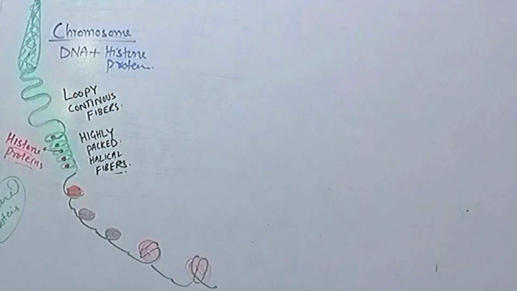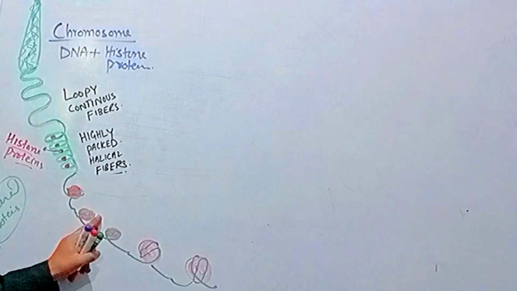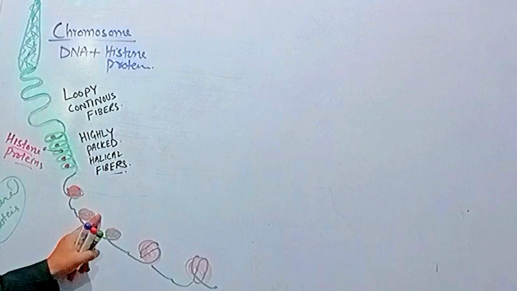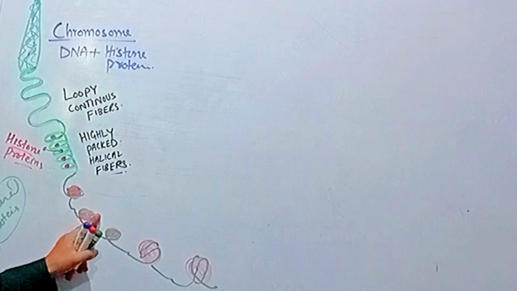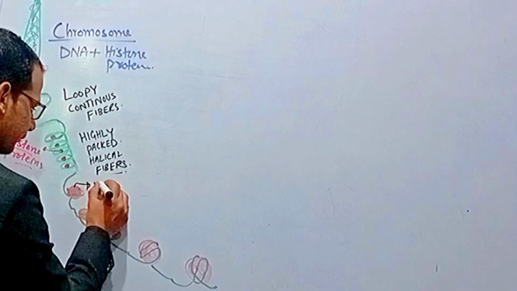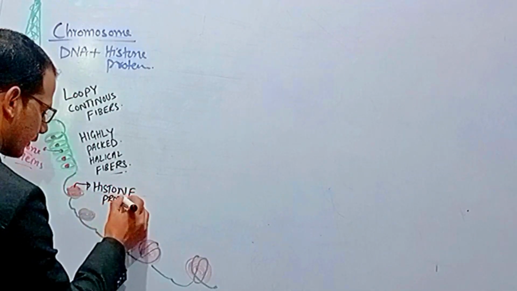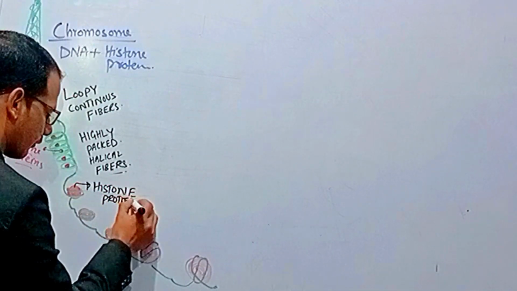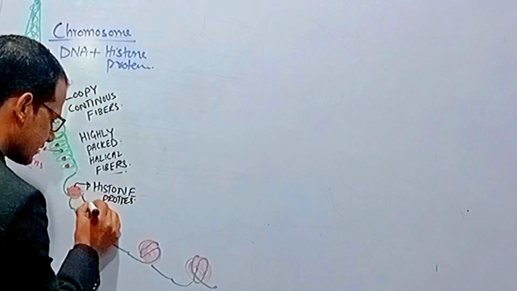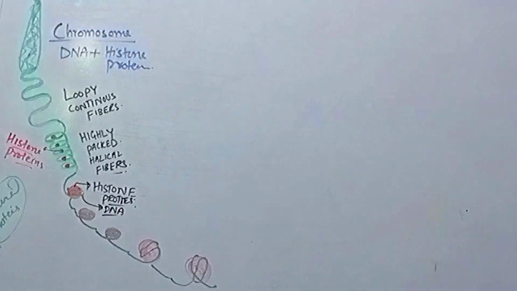On each histone protein it forms two loops, meaning the DNA is looped two times around the histone protein. So these red ones are histone proteins, and this green is DNA.